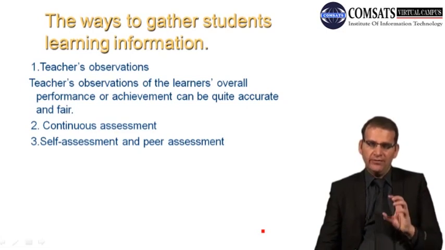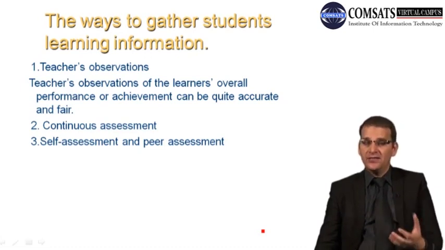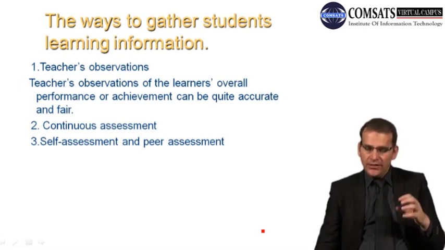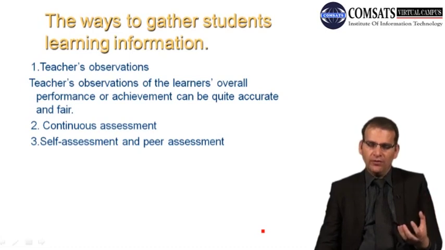So observation never stops for a teacher. If the class is an ideal class, the strength is manageable, so observation can be done well. However, in a big class, this can be a problem. So a teacher's observation of the learner's overall performance or achievements can be quite accurate and fair.